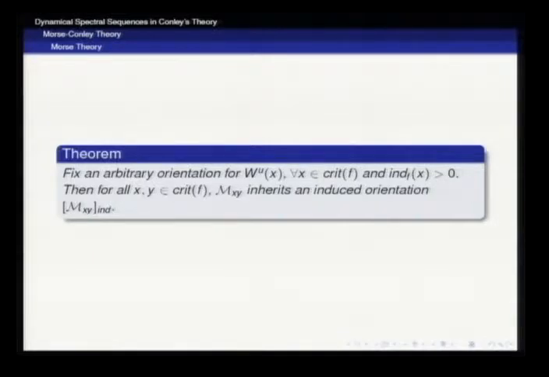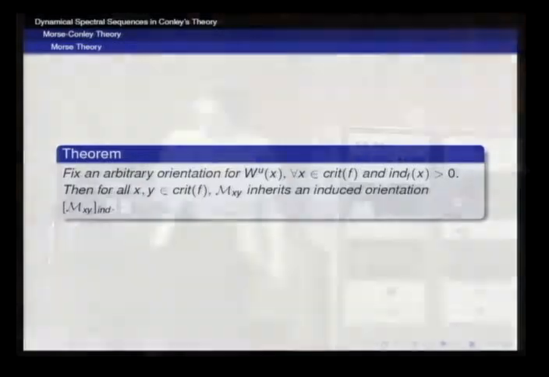Quickly, we're going to give an arbitrary orientation for all the unstable manifolds for the critical points of this Morse function. And then I'm going to say that this connecting space inherits an induced orientation.